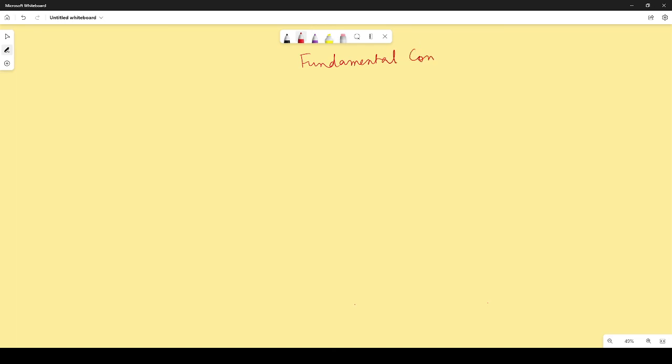Unit test portion, I'll have to clarify it with the other teachers as well. But we are planning to have integers and fundamental concepts and a few exercises of fractions.